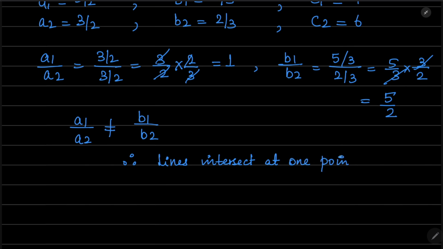And how many solutions will it have if they intersect at one point? It will be unique solution or one solution. Unique solution, also called as one solution. And will the system be consistent? Yes, the system will be consistent. System is consistent because it has a solution.